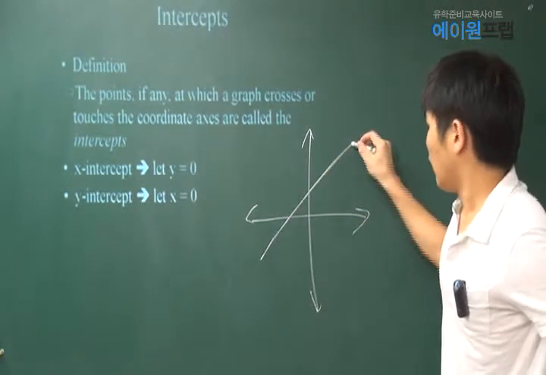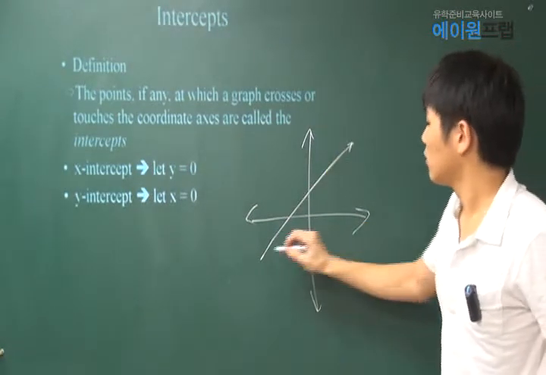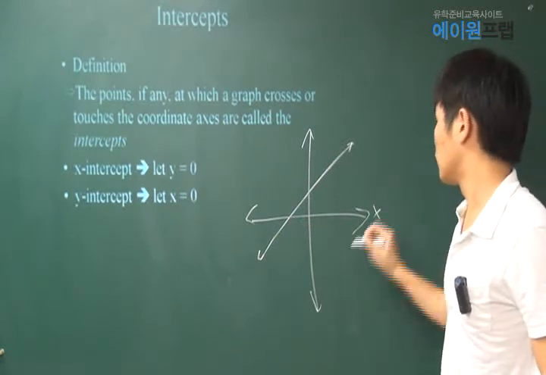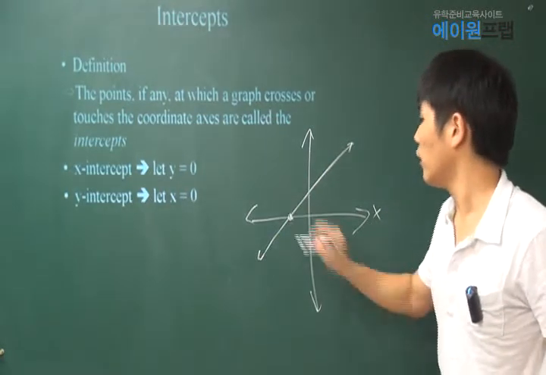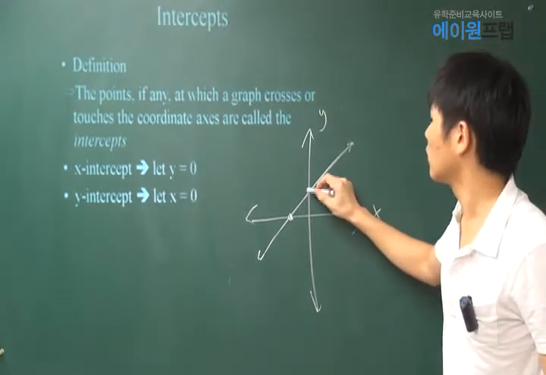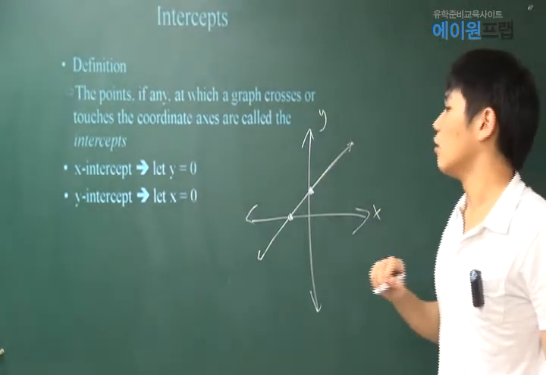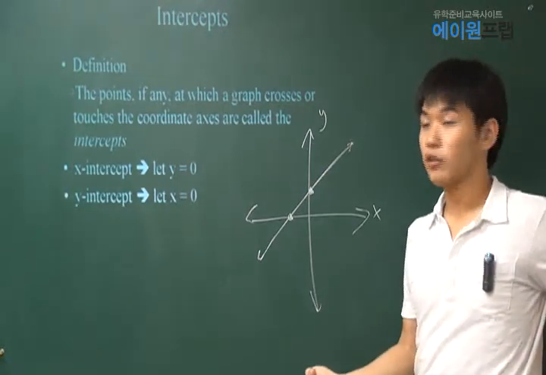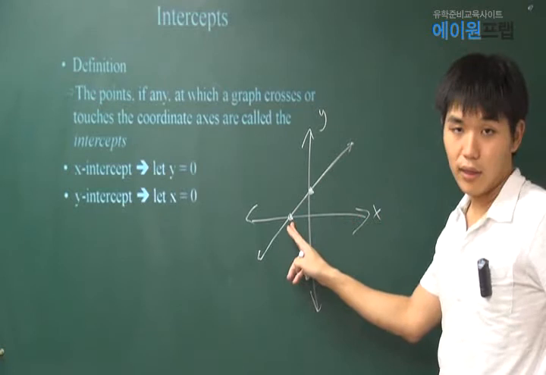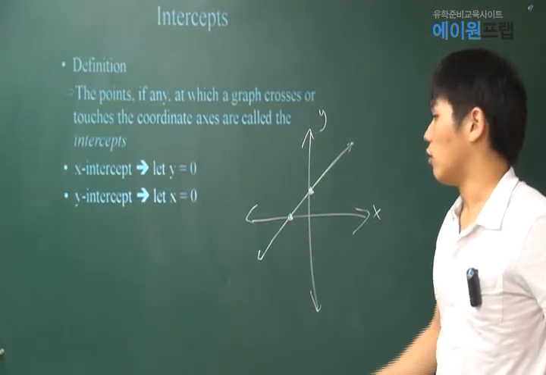So on this plane, I have a straight linear graph. The x-intercept would be where it touches the x-axis, which is this point, and the y-intercept would be the point where it touches the y-axis. Okay, so finding x-intercepts and y-intercepts. For finding the x-intercept, which is this point, we would let y equal 0.